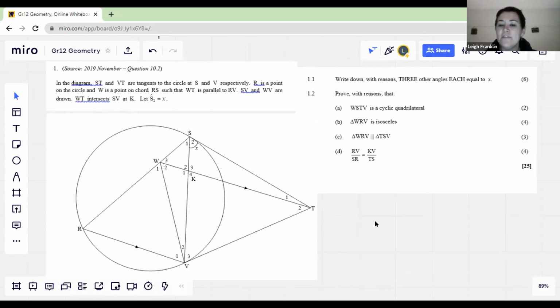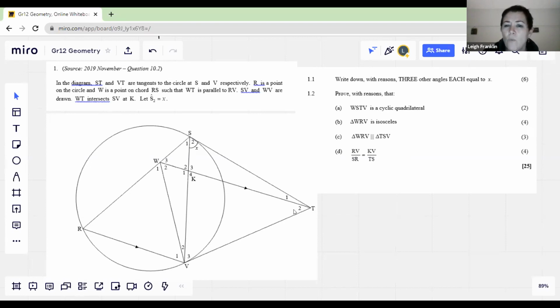All right, so let's see how far we can get in this particular question. This comes out of the 2019 paper. It was question 10.2. And they tell us that in the diagram, ST, so that's this line over here, and VT are tangents to the circle at S and V respectively.